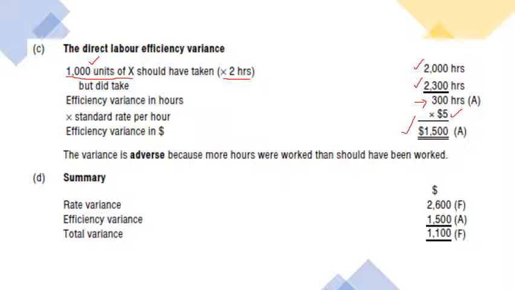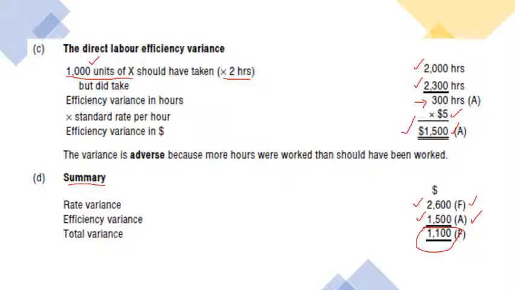Now you need to see the summary to reach the 1100 units, which we calculated in the earlier part. So rate variance was 2600 in the previous slide, and efficiency variance was 1500, which we calculated here. One was favorable, the other was adverse.